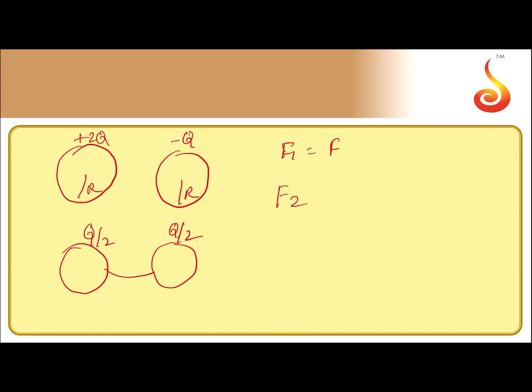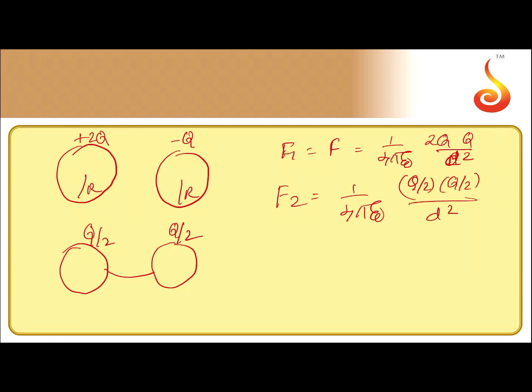So, what is the final force? The initial force is 1 by 4 pi epsilon naught 2q into q divided by some distance d square, and the final force is 1 by 4 pi epsilon naught q by 2 into q by 2 divided by the same separation square.